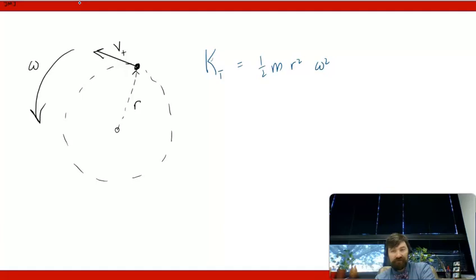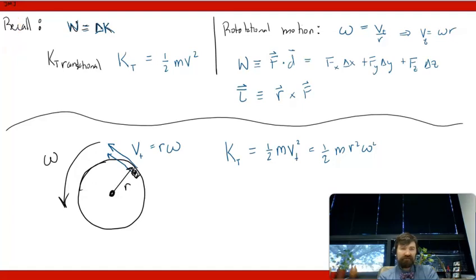I noticed that for a point mass, this would have a moment of inertia of mr squared about this point right here. So we could go back to the stuff that we're recalling and recall that the moment of inertia is mr squared for a point mass.